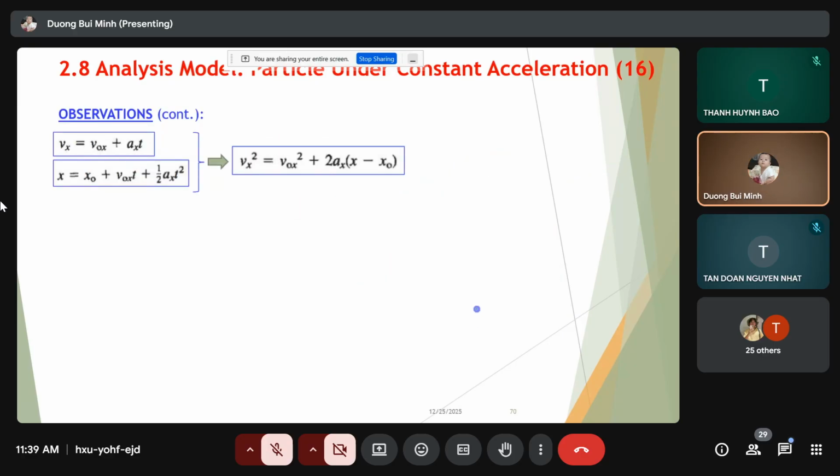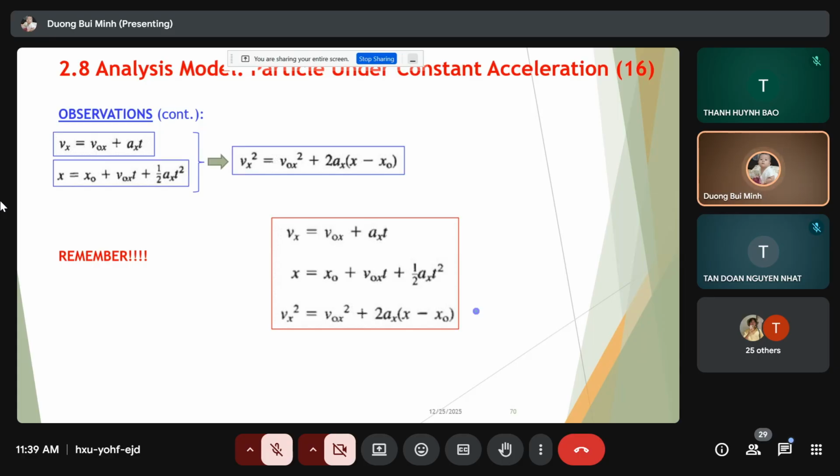Anyway, if we use another textbook, they also have 5 equations, 1, 2, 3, 4, 5. Finally, we have 5 equations in relation to constant acceleration.